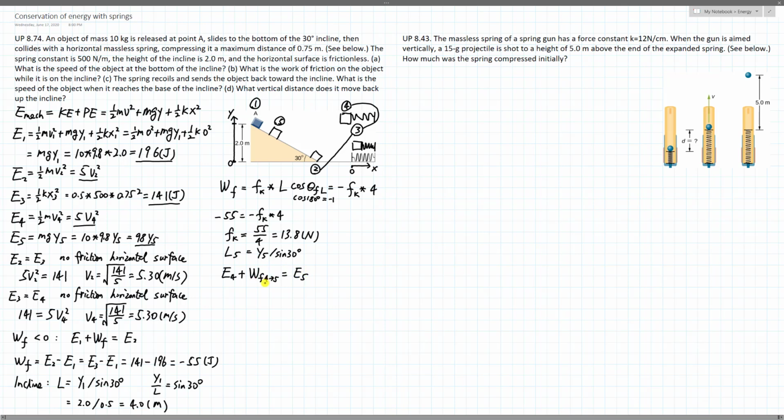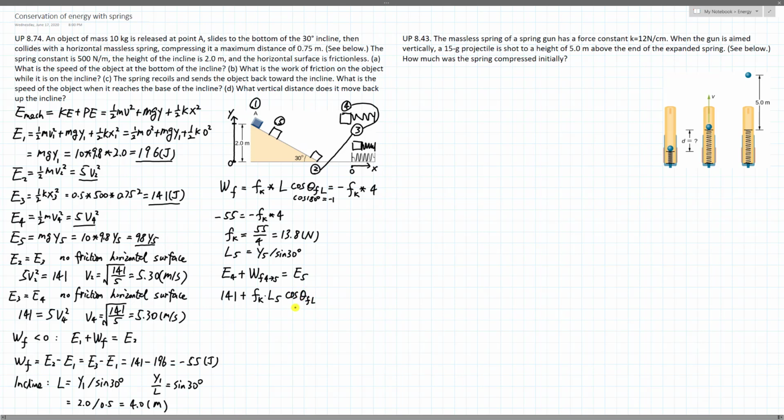Right, this is a negative quantity. So E4, according to this, is this quantity, and that's also equal to E3. E3 has this numerical value of 141. So 141 plus work done, so frictional force times L5 and times cosine of the angle between friction and the displacement. Again, it is 180 because displacing upward, friction points downward.